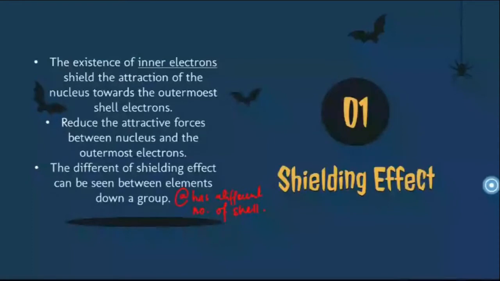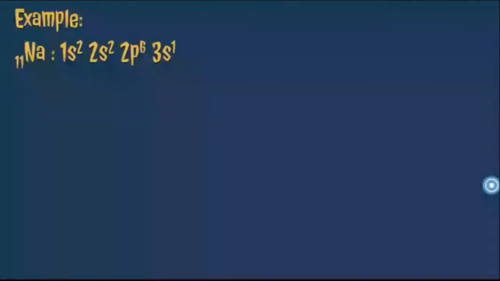So we will use sodium as an example to illustrate exactly what the shielding effect is. We know that the number of protons for sodium is 11. So in the nucleus of sodium, there is a positive 11 charge.